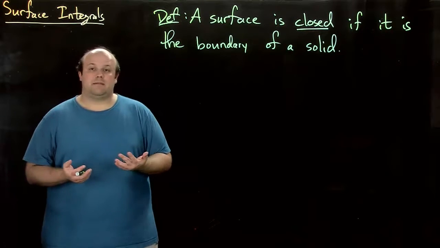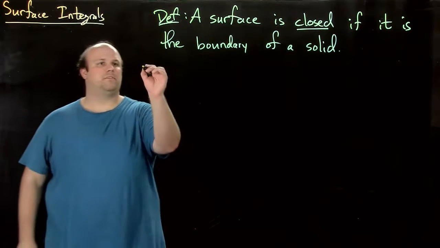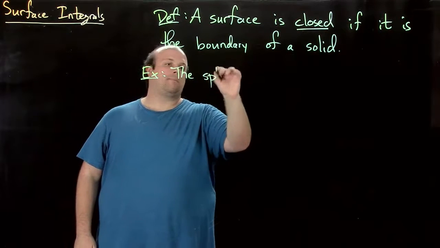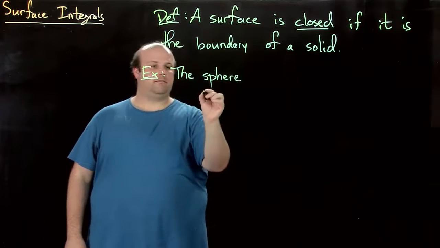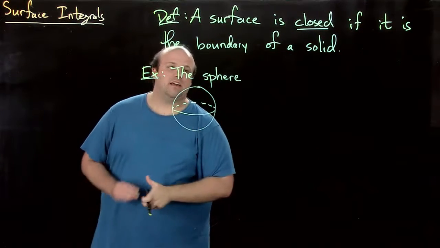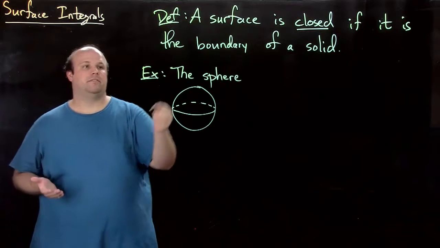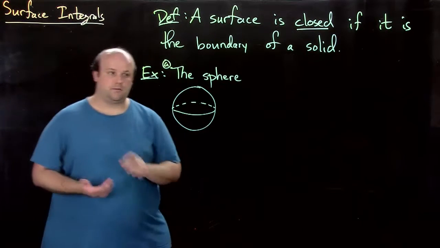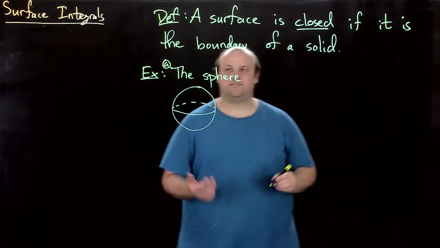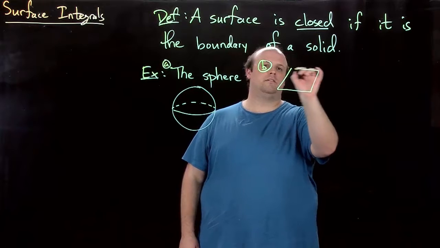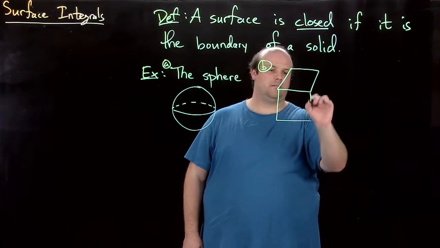Some examples are the sphere, the hollow sphere, of course. The sphere is the boundary of the solid ball. Another example is an empty box.